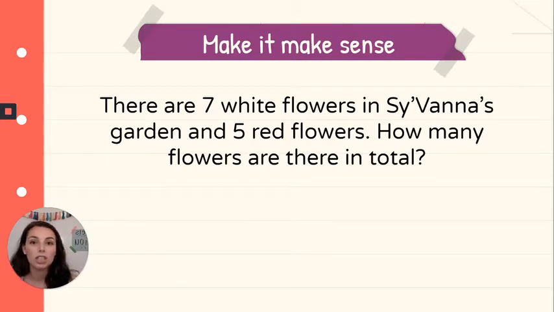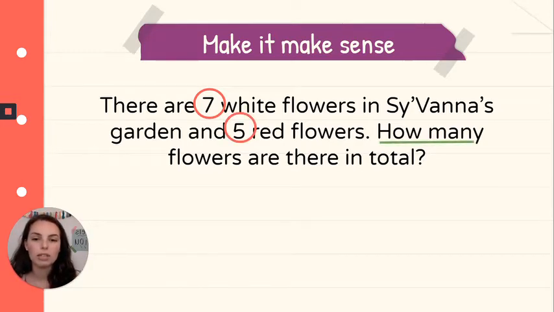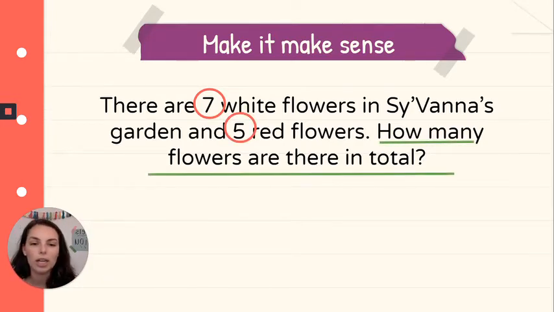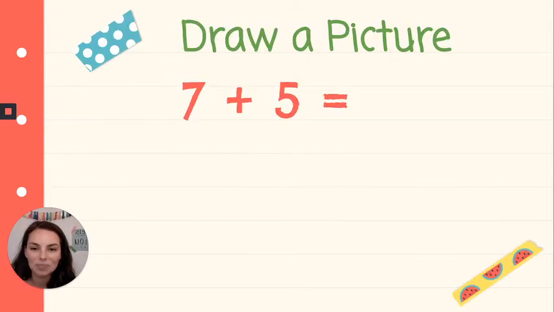And the question it's asking me is, how many flowers are there in total? Remember in reading class we've been talking about questions? So here's the question. How many flowers are there in total, all together? I need to count them up. So now I'm going to circle these numbers to help me see which ones I'm working with. 7 and 5. And the question is right here. How many flowers are there in total, all together?